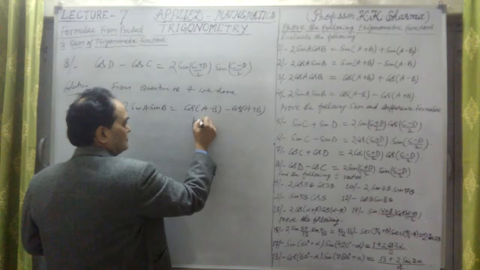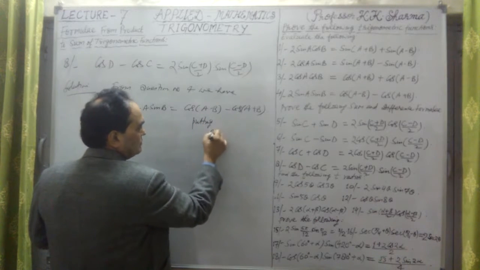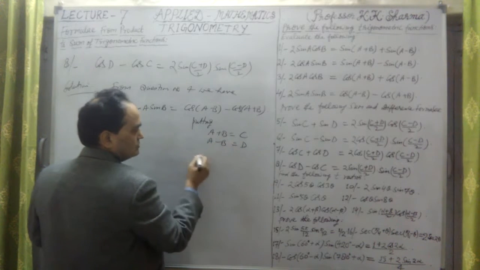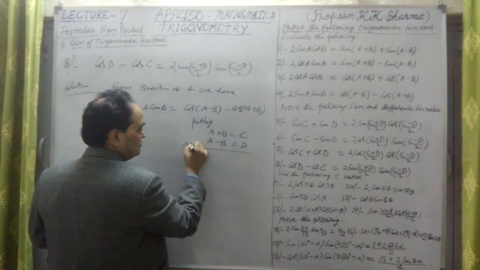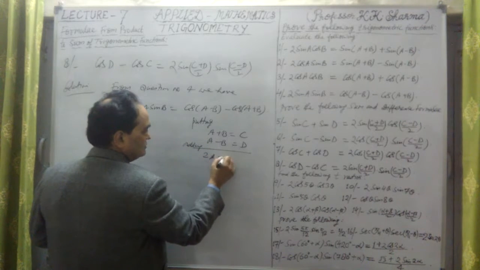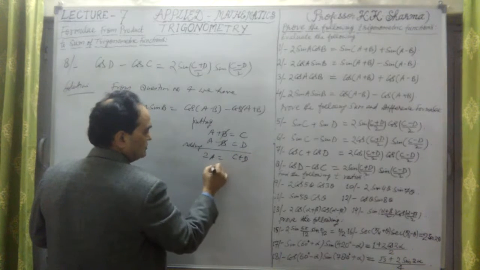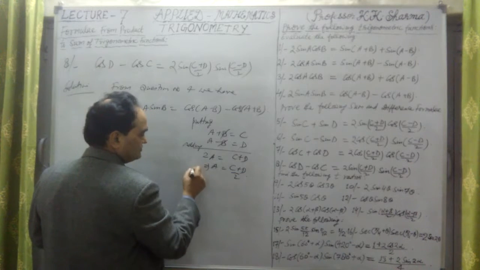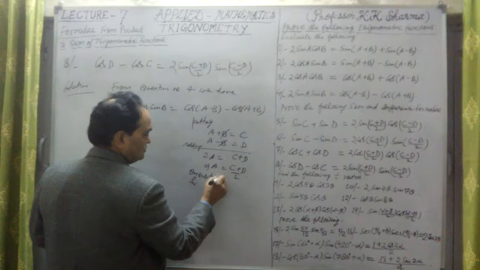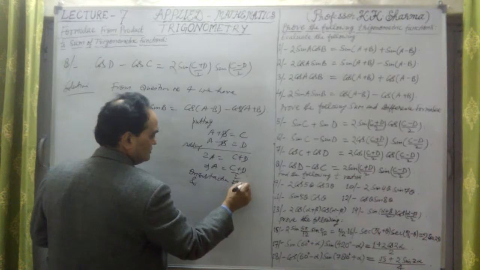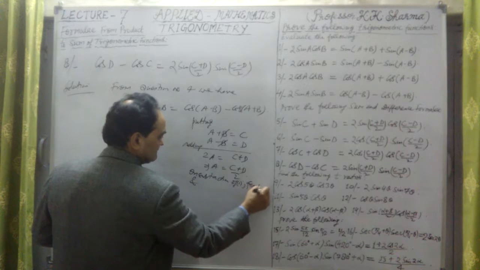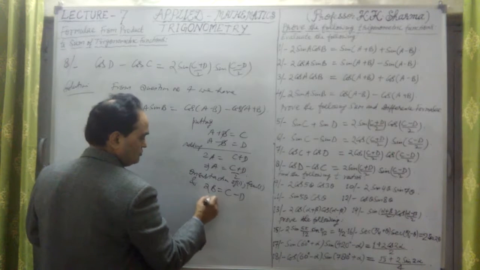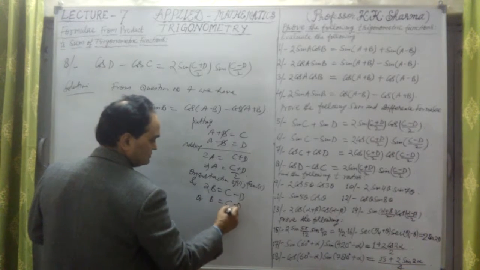Again putting here A plus B is equal to C, A minus B is equal to D. Adding them, we get twice A is equal to C plus D, or A is equal to (C plus D) by 2. And on subtraction of second from first, we get twice B equal to C minus D, or B is equal to (C minus D) upon 2.